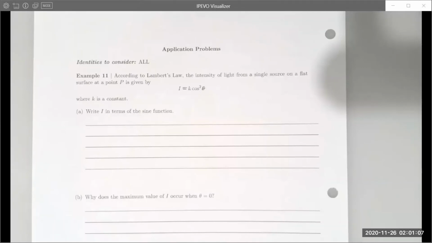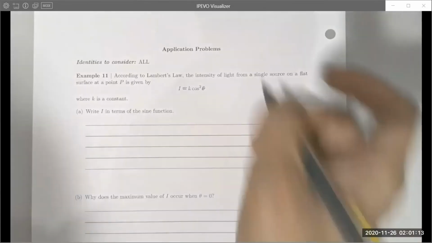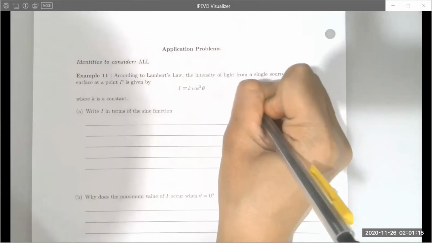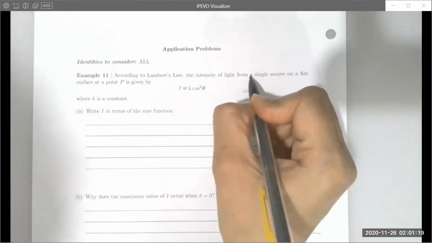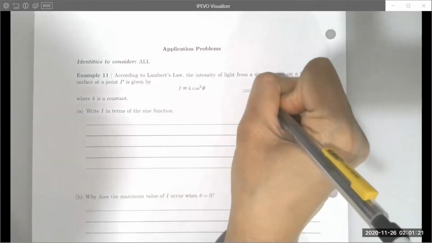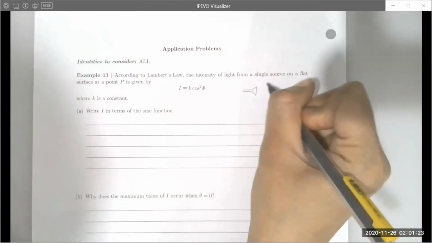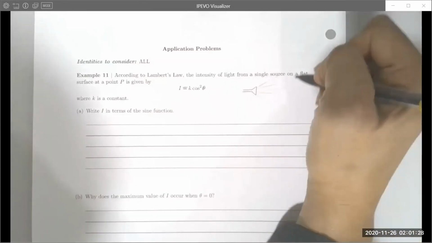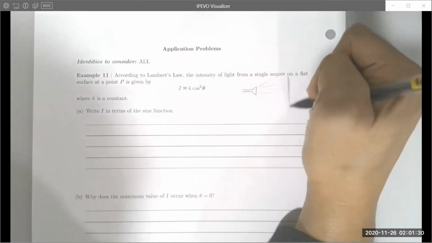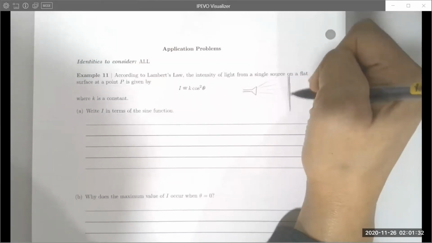Before we even go into that, I just want to give you a little diagram to have some insight as to what this is representing. It's talking about the intensity of light from a single source. Let's say that you have a flashlight and you turn it on and you are lighting up a flat surface. We'll say it's a wall.